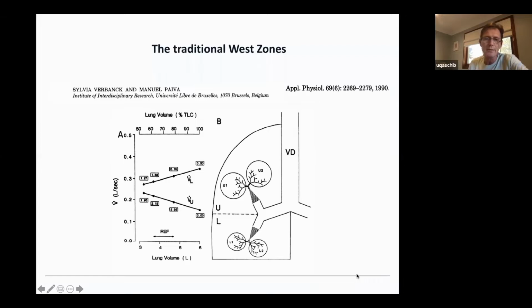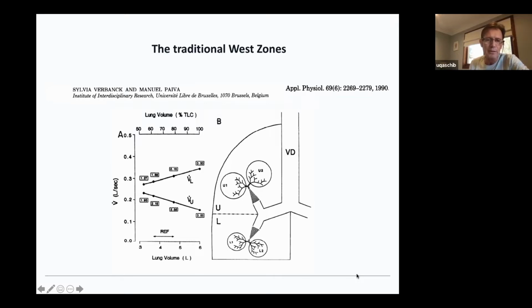And this slide shows what we know from West's lung physiology: the upper, or non-dependent, part of the lung is basically distended, and the dependent, lower or gravity-dependent, part is where more of the so-called mechanical change is occurring in volume change.